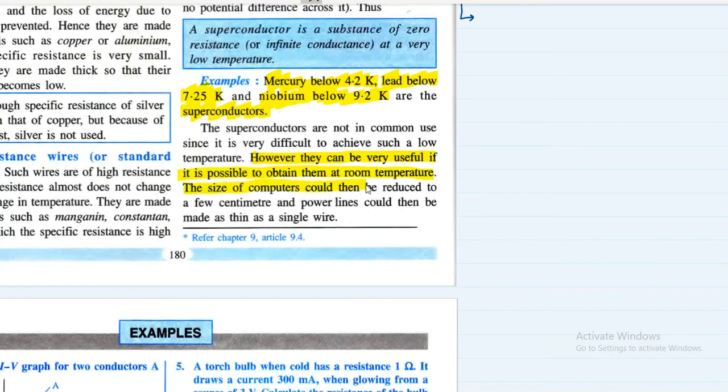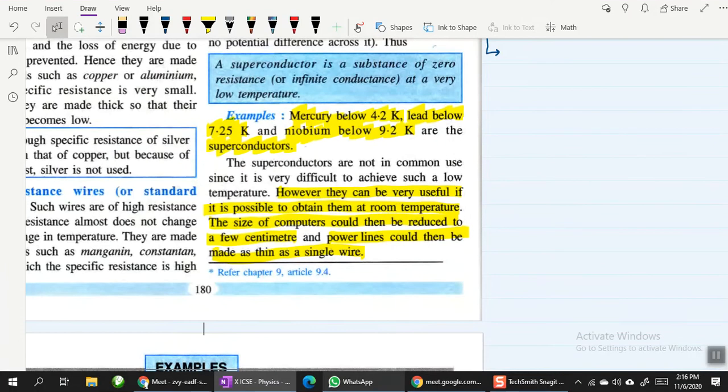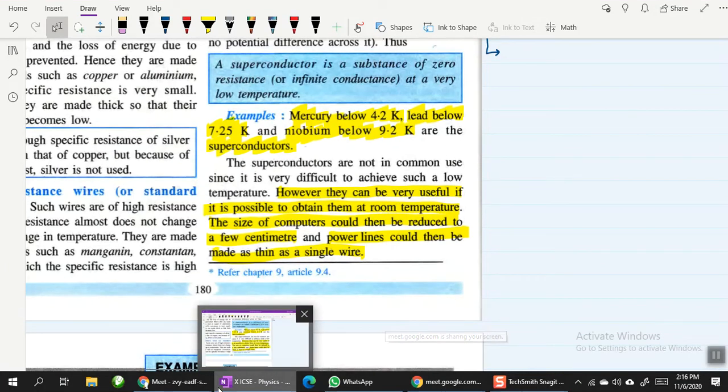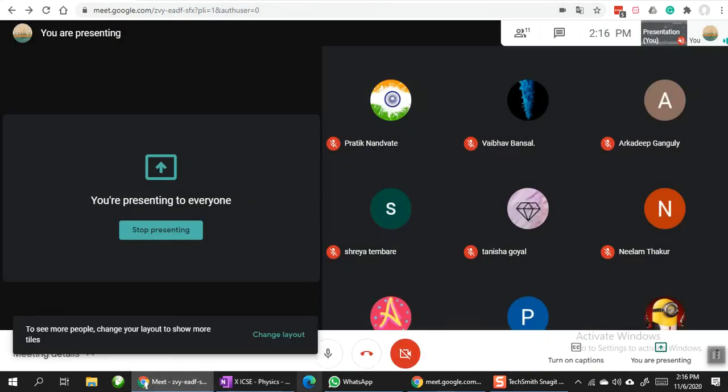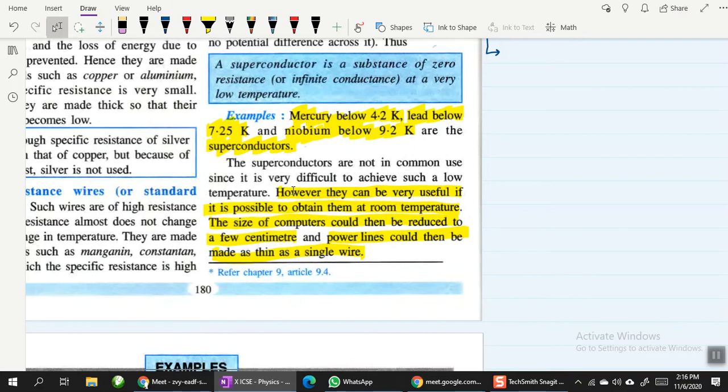The size of computers could then be reduced to a few centimeters and power lines could then be made as thin as single wire. अगर सुपरकंडक्टर को अचीव कर लिया हमने, so we can reduce the size of these objects like power lines and computer to a very very small area. Okay, and that would actually make our life very very easy.